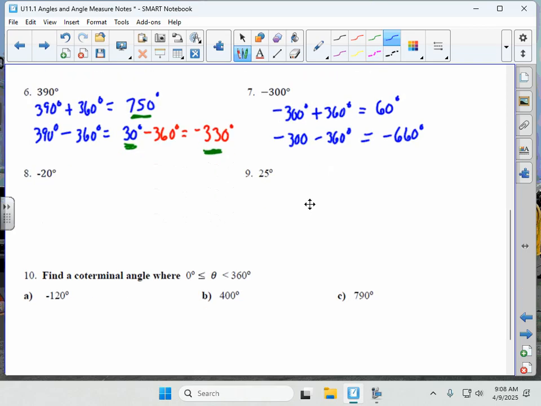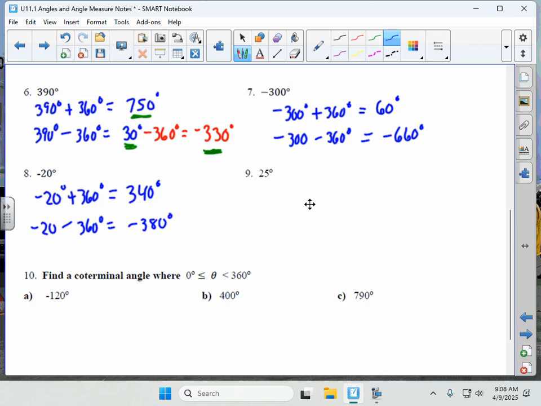All right, number 8, negative 20 degrees. Okay, again, we'll add 360, subtract 360. That's positive 340, negative 380. One positive, one negative.